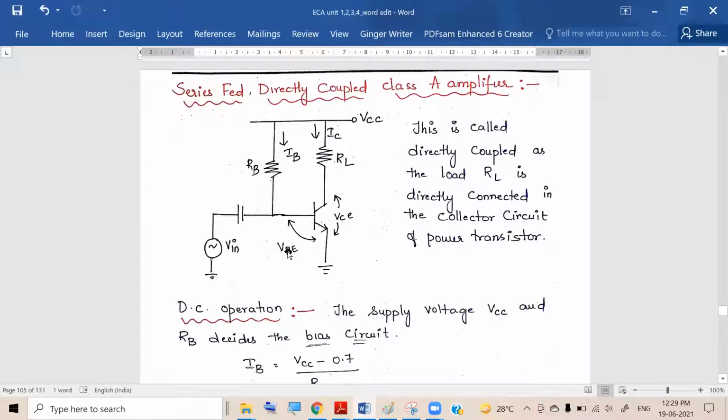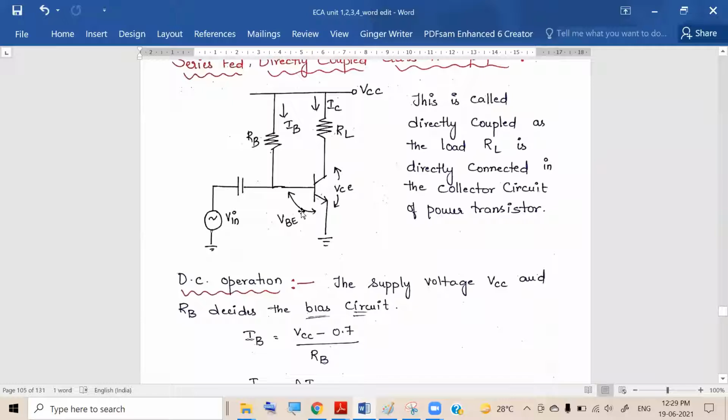VBE is 0.7 for the silicon transistor. Usually in most of our mathematical analysis, we will take VBE as 0.7 volt. So VCC will be IB RB plus 0.7, or we can say IB will be the potential difference across RB divided by RB. Ohm's law: V equals IR, or I equals V by R. What is the potential difference across RB?